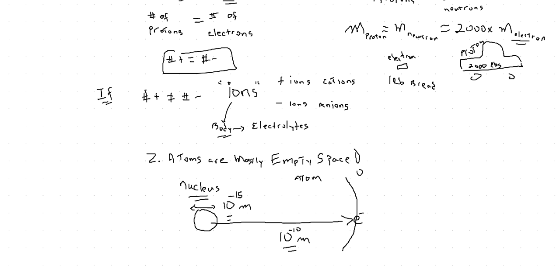If we divide 10 to the minus 10 by 10 to the minus 15, remember our rule, 10 to the A divided by 10 to the B is 10 to the A minus B. So this is equal to 10 to the A, which is 10 to the minus 10, minus B, which is negative 15.